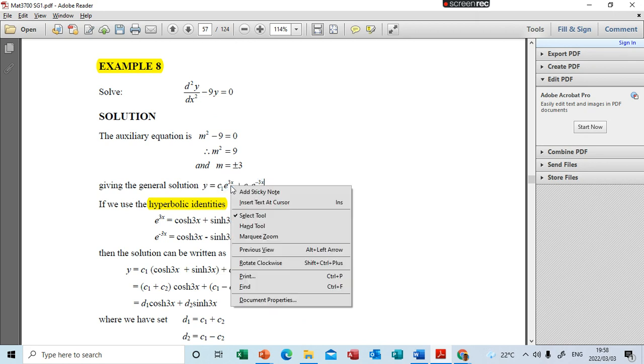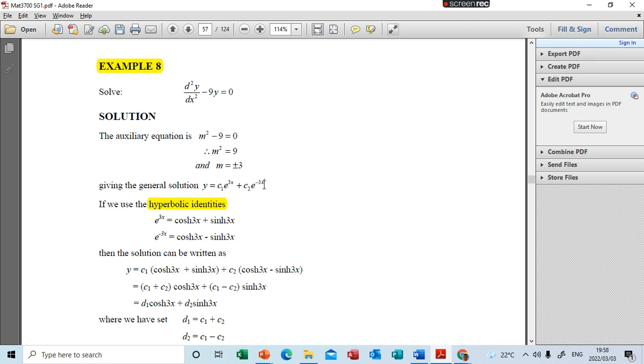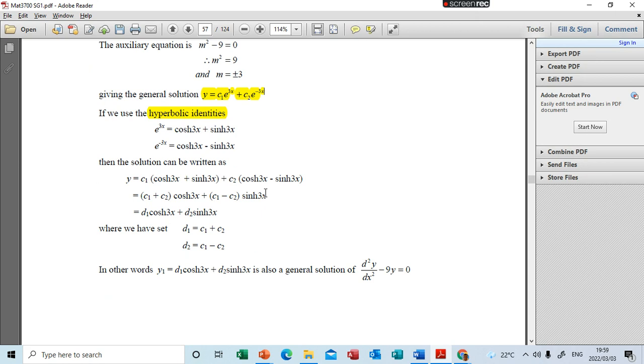I just wanted to show you that if the factors are the same but different signs, you write it like this. The difference from the other case, where the factors and signs were the same, is that there you multiplied by x. Here you don't, because the factors have different signs.